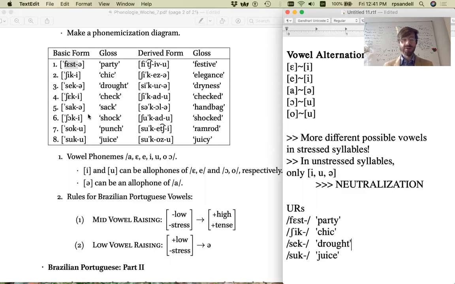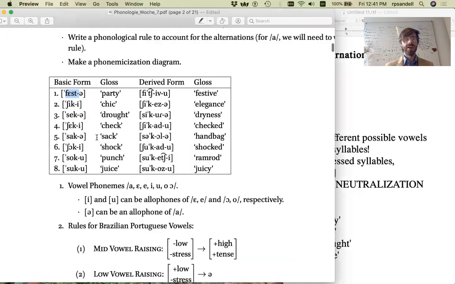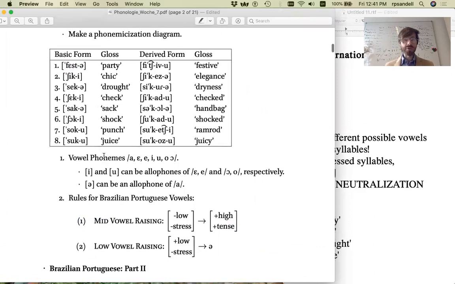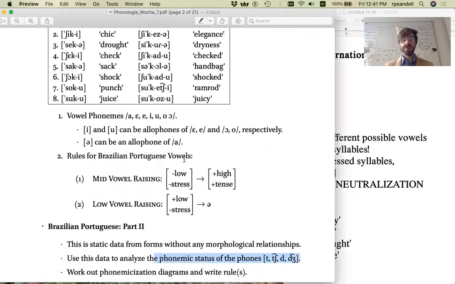I won't do this systematically so that we can continue working. Actually, this might be a good point to take a short break now that we have these two processes in place before we go into the second part, in which we'll look at the phonemic status of coronal stops and affricates.